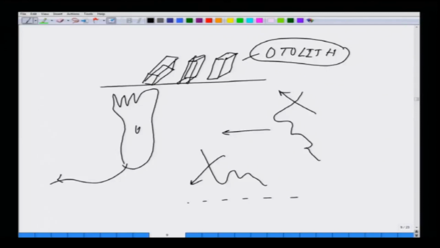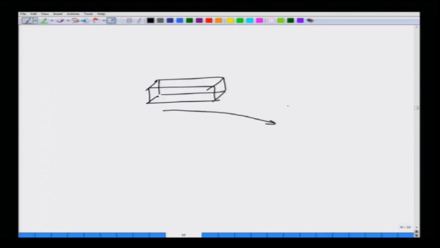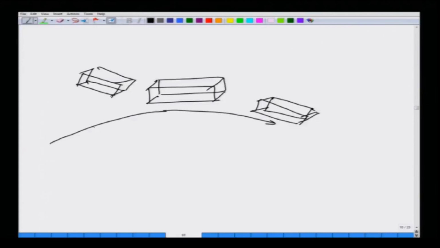You have a complete matrix, and the way these cubes move matters. For example, if this is a rectangular cube sitting here and the person is looking down like this, it will attain a shape like this, or it may attain a shape like this, and underneath this is the normal situation.